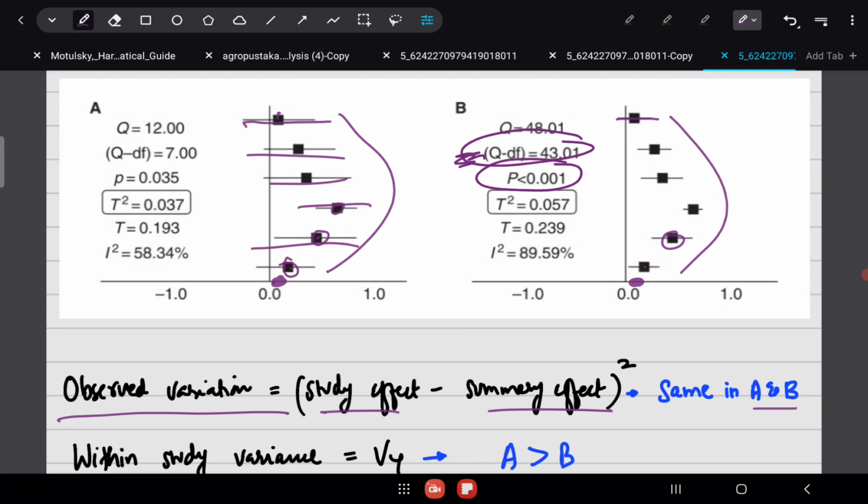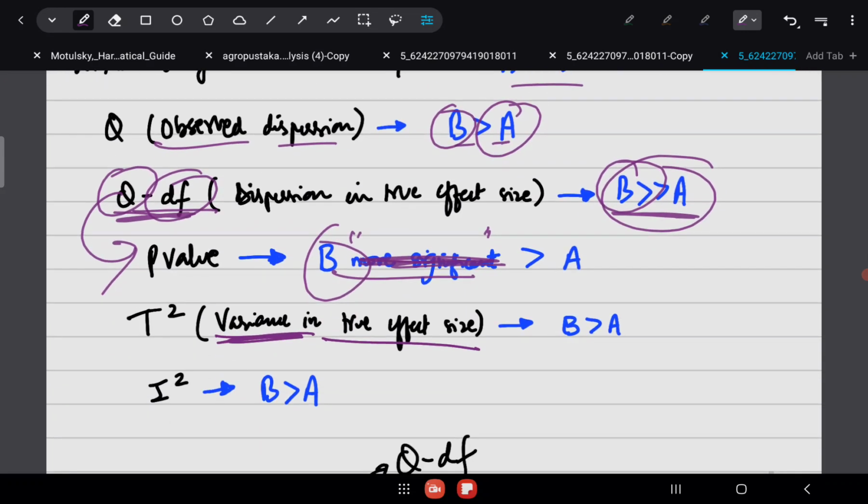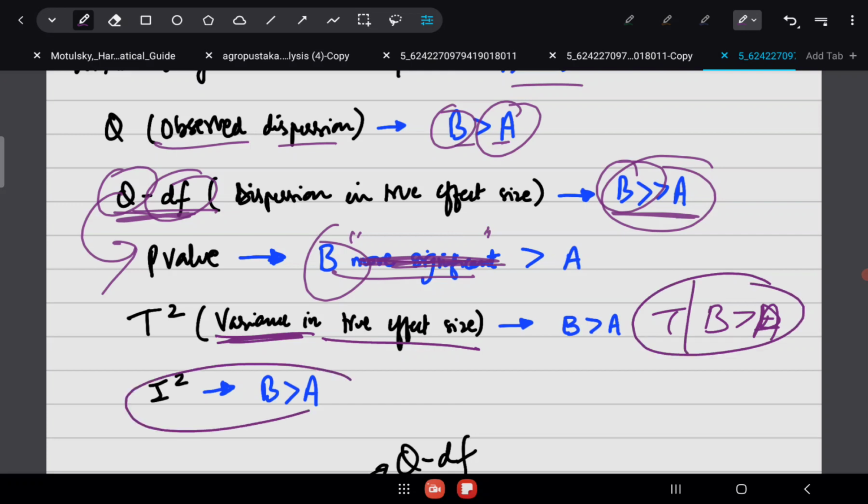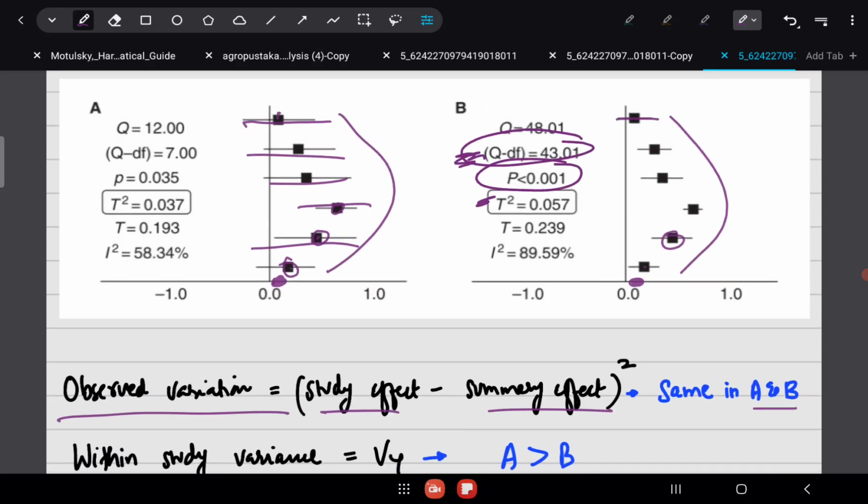Because the numerator part is bigger for B, we'll expect that the T square statistic will also be bigger for B, and because T square is bigger for B, obviously T also will be bigger for B. Then we have not discussed this yet, but we'll discuss soon the I square statistic. I square tells you what proportion of the dispersion is contributed by the true variation in effect size. That is actually bigger for B.